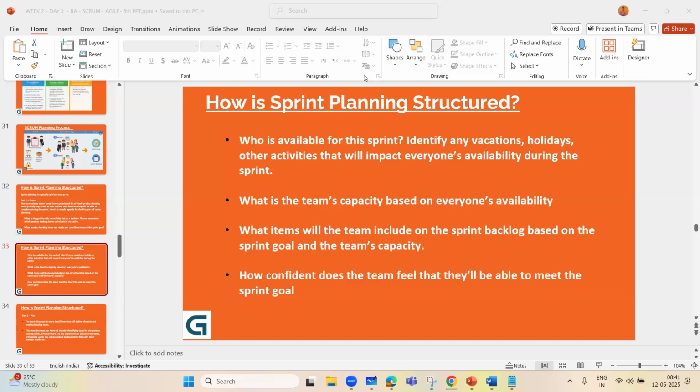What is the team's capacity? Say, for example, you have some team members. One is Jubran. You have another team member, Kajal. Another team member, Aparna. Another team member, Geeta.